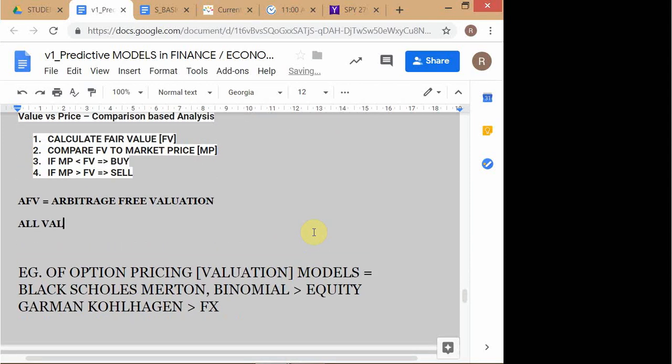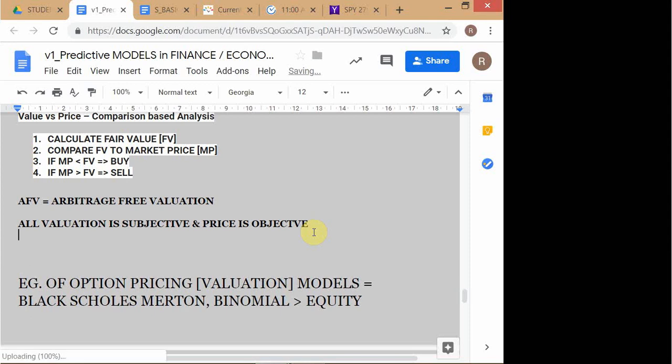Let me just write this important point, because as I said, I confirmed Vibhu's view that valuation is subjective and price is objective. But there is an exception to that. I'll just write that down. All valuation is subjective and price is objective. There is one exception to that.